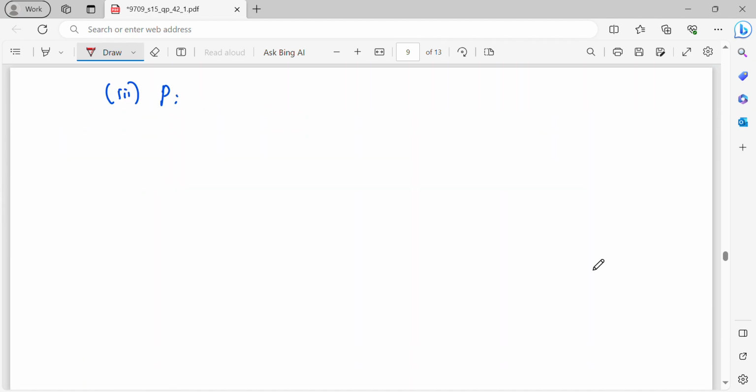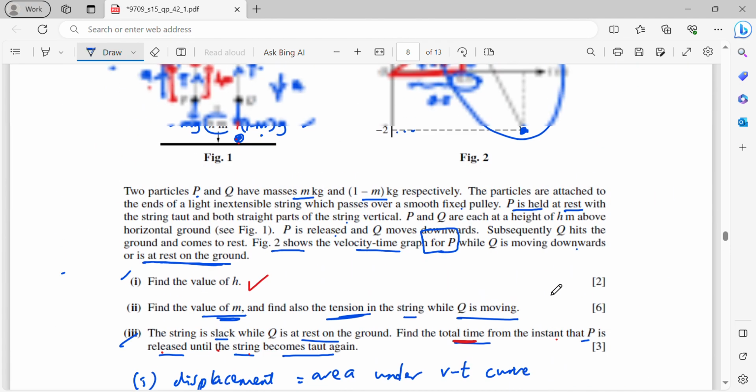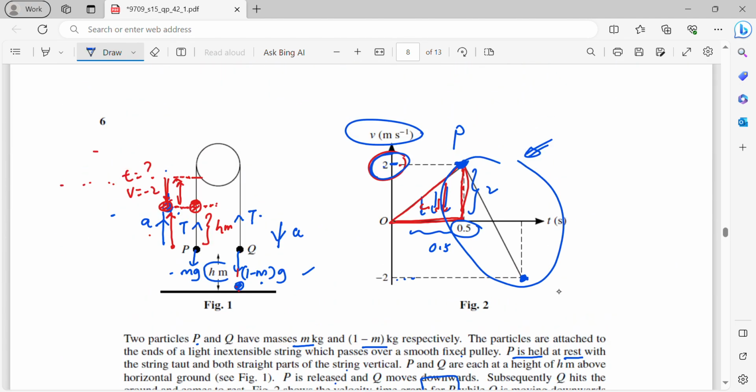So now I will use back V equals U plus AT. Your V is -2, your U is 2, and A is -10 because it is moving down when V equals -2. At first moving up, now moving down.